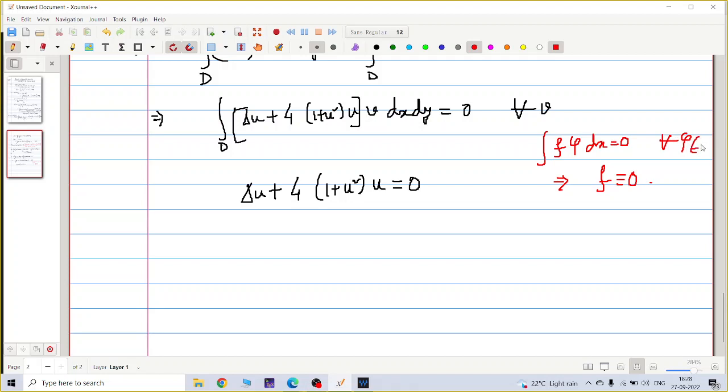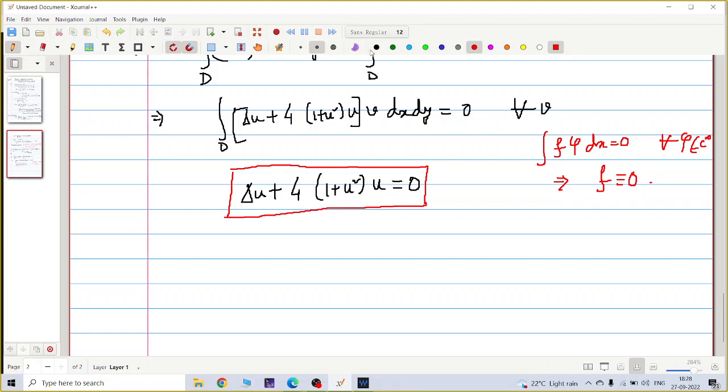So here the PDE satisfied by u is given by the Laplacian of u plus 4 into (1 plus u square) into u equal to 0.